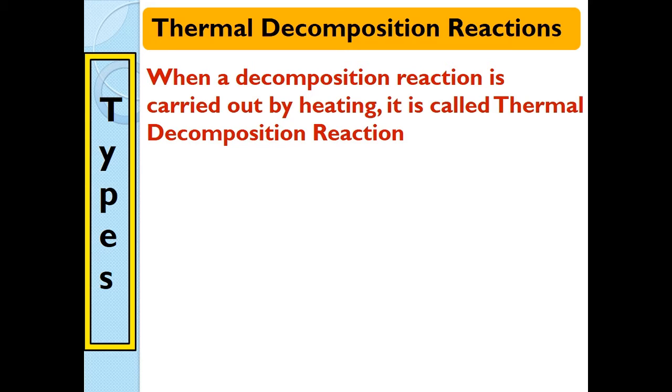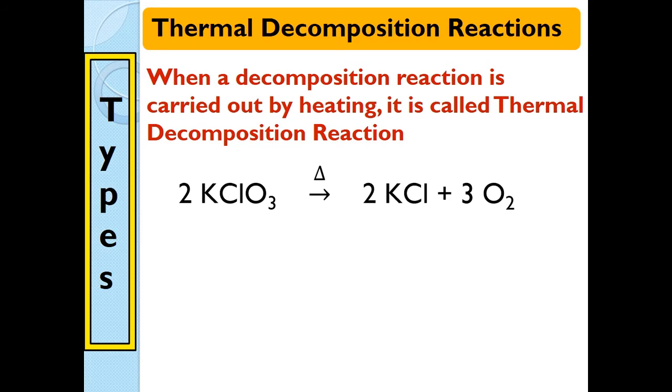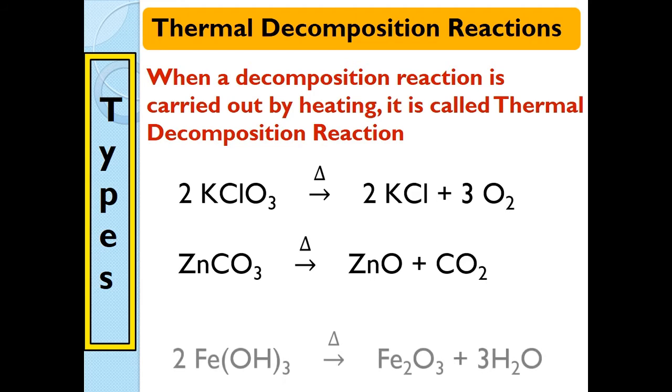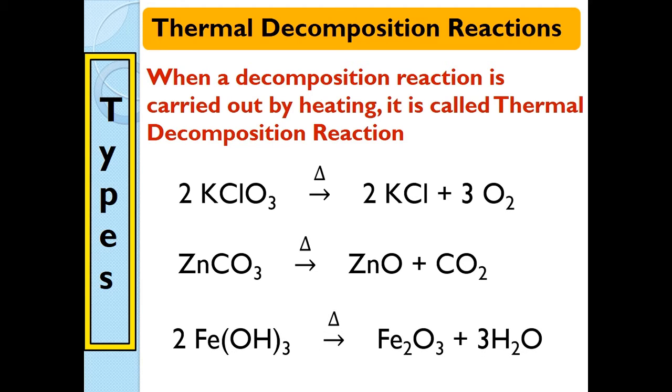Both of these decomposition reactions are thermal decomposition reactions. Other examples are heating of potassium chlorate to give potassium chloride and oxygen gas, heating of zinc carbonate to give zinc oxide and carbon dioxide gas, and heating of ferric hydroxide to give ferric oxide and water.